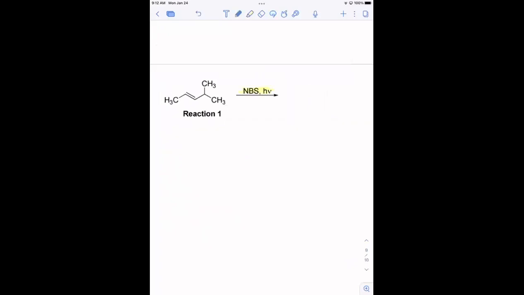This is an allylic bromination. So what do we need to do first before we even attempt a mechanism? Do we have to find the intermediate? Not the intermediates, find the reactive sites. Yeah, you got to find where the reaction is going to take place. That should be the first part of your strategy.